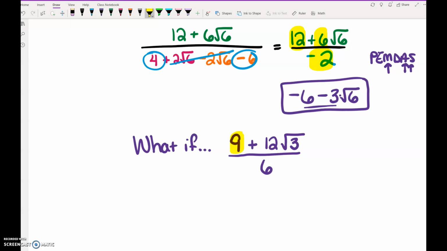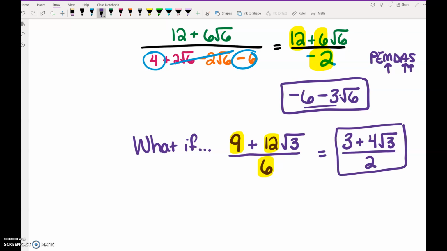If you look at the whole number pieces, what do 9, 12, and 6 have in common? 3. 9 divided by 3 is 3. 12 divided by 3 is 4. It does not affect the radical. And 6 divided by 3 is 2. So that's how that type of problem would simplify. So it might be worth making sure that's in your notes just so you can see how that simplification might occur.